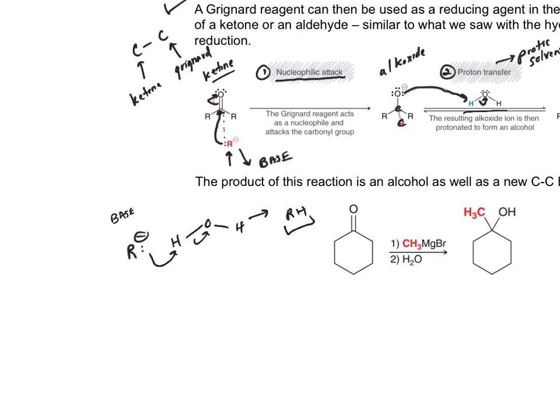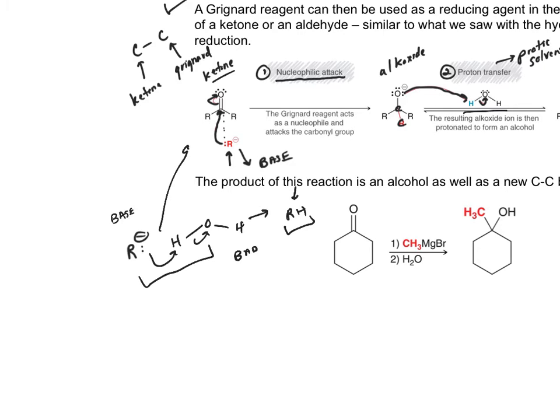So this would be bad. Every time this reaction occurred, we would ruin our Grignard reagent because we'd just be turning it into this unreactive alkane, and this reaction would happen preferentially over attacking the ketone, okay?